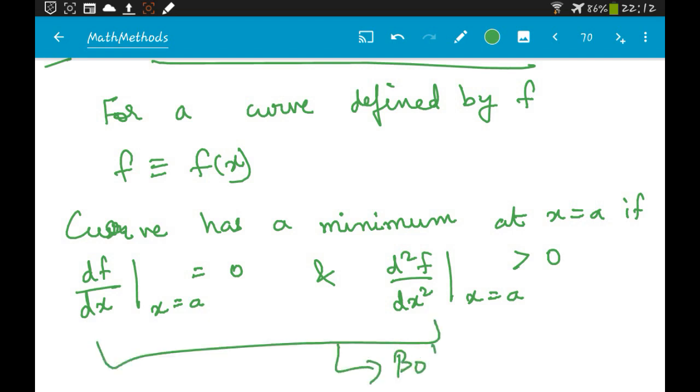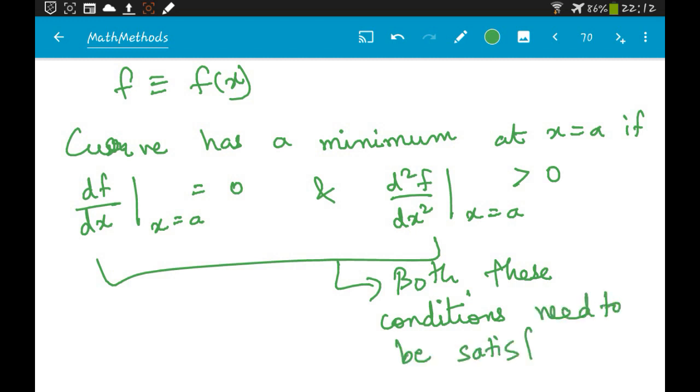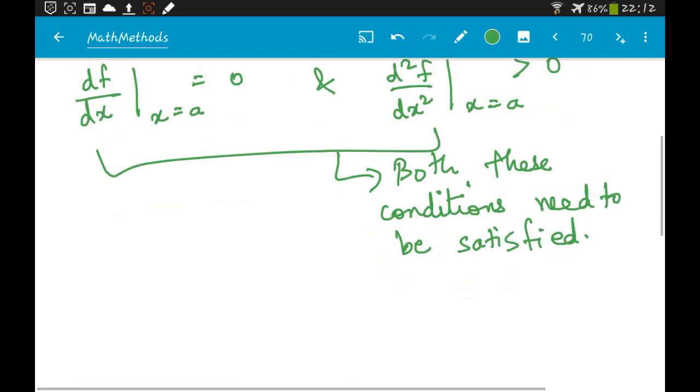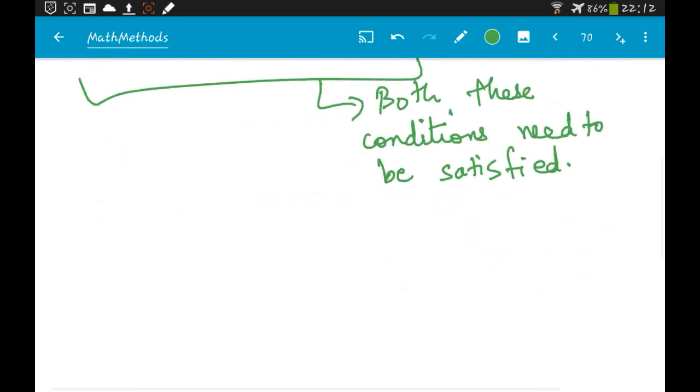Both these conditions need to be satisfied. So if both these conditions are satisfied, then we say that this function f of x has a minimum at x equal to a.